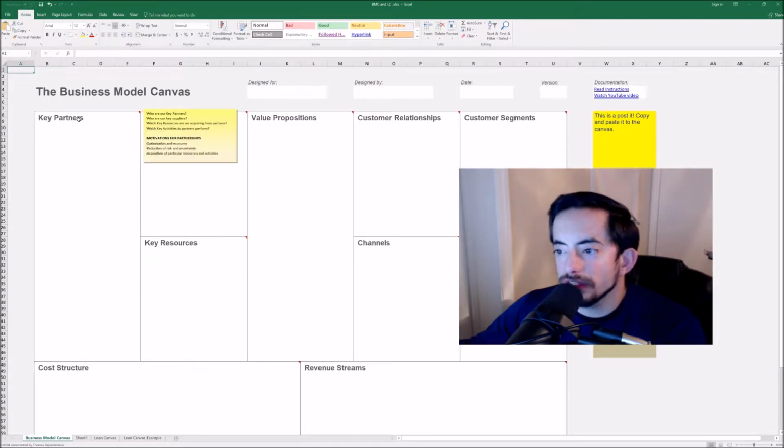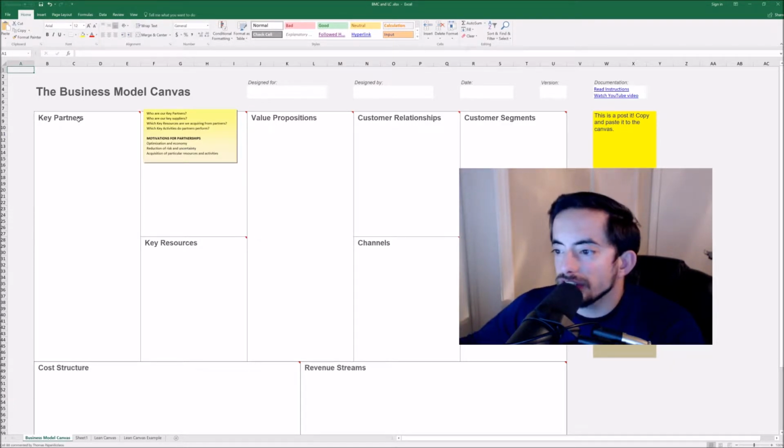Back to the key partners: the reasons for having key partners are to streamline, and it says optimize economy, but that's essentially streamlining, and the reduction of risk and uncertainty. If you have people that you trust and you're able to work with them on a case-by-case basis or regularly, then you can build rapport with them, and it will be a dedicated partnership.